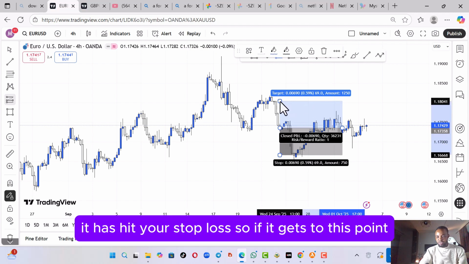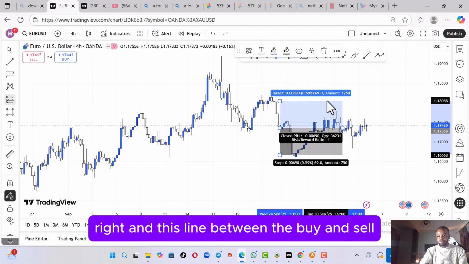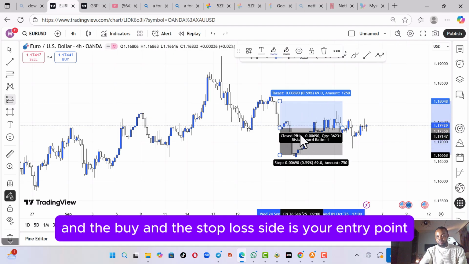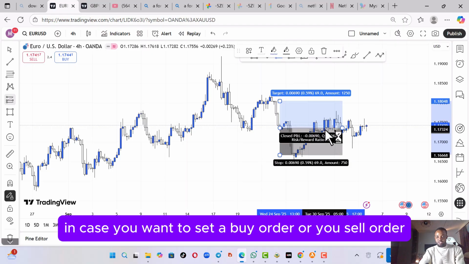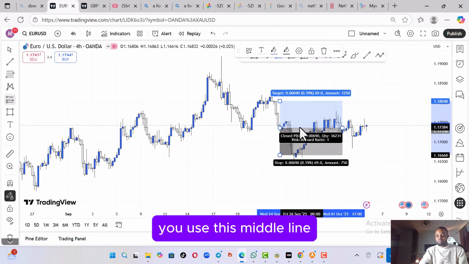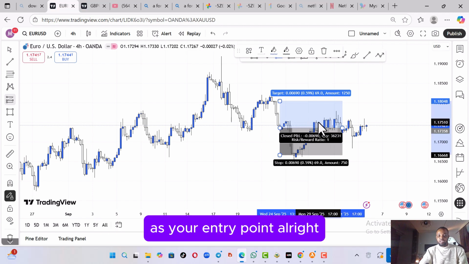If it gets to the highest point of these two, it is your take profit, right? And this line between the buy and the stop loss side is your entry point, right? That's where you put your entry in case you want to set a buy order or a sell order. You use this middle line, this line that is dividing the both of them, as your entry point, right?